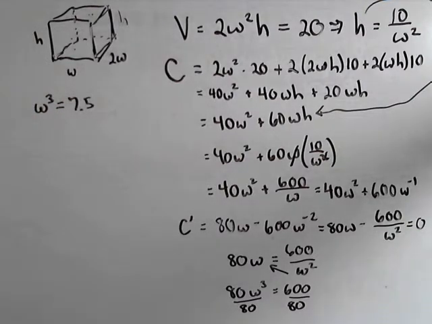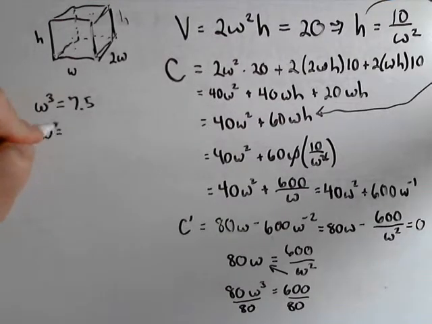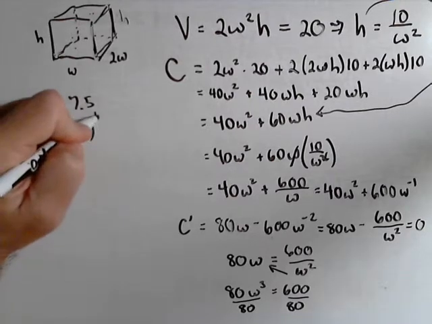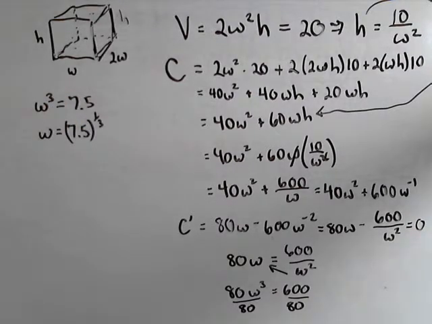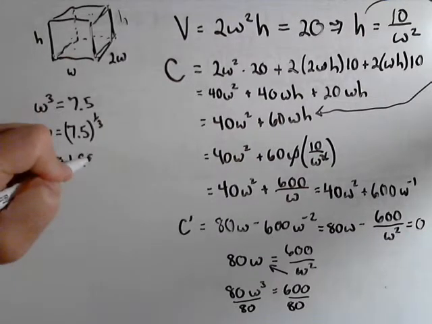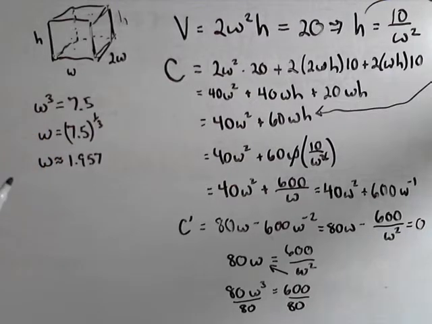And now what we'll do to get W is we'll raise both sides to the 1/3 power. So W equals 7.5 to the 1/3. And be sure when you put this in your calculator that you put the 1/3 in a set of parentheses if you decide to do it this way. So we're getting a W of about 1.957.